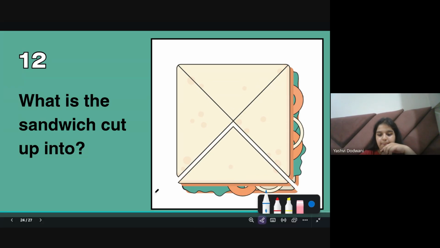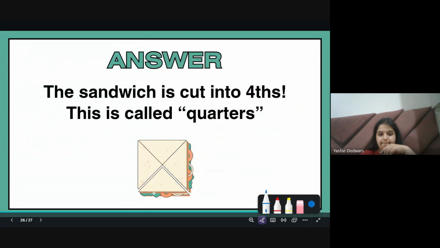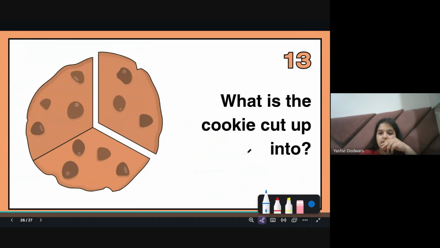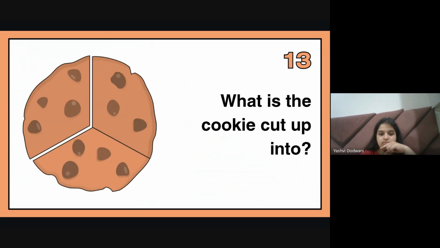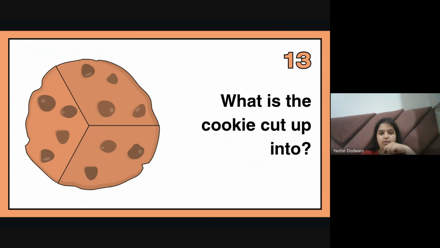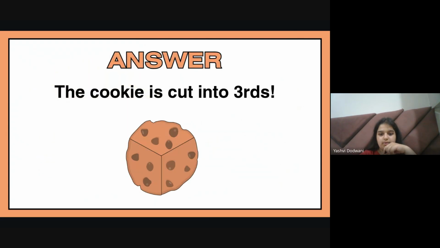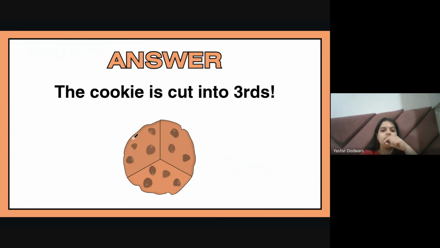Okay. What is this cookie cut up into? 3. All right.